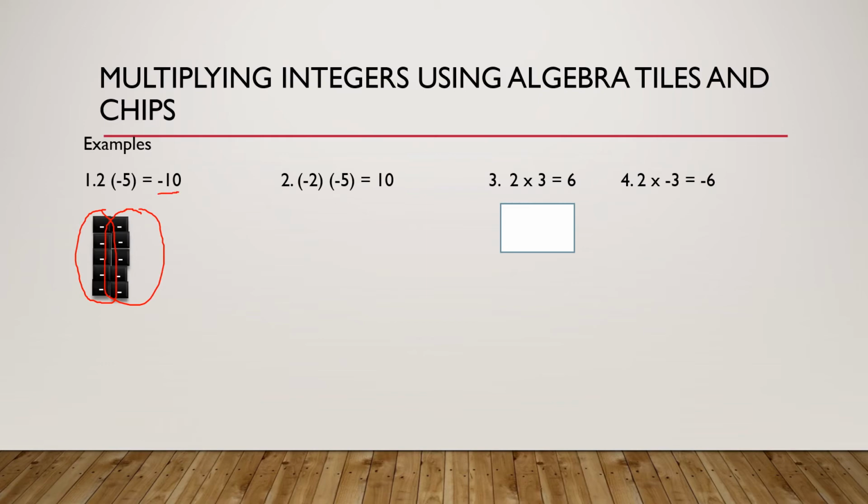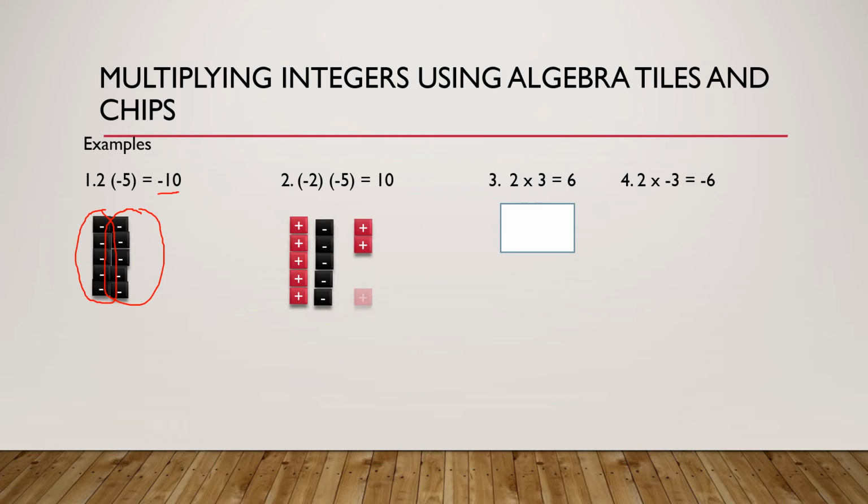Okay. Next. So we have positive. How many positive is this? Okay, it's one pair of positive and negative, or I mean we have pairs.